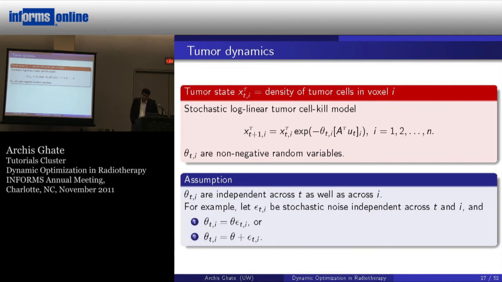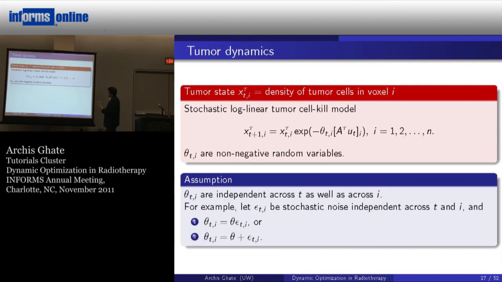So for tumor dynamics, we also used a similar model. The only difference is that there are papers out there which say that the alpha over beta ratio for tumors is different from the typical alpha over beta ratio for the OARs.